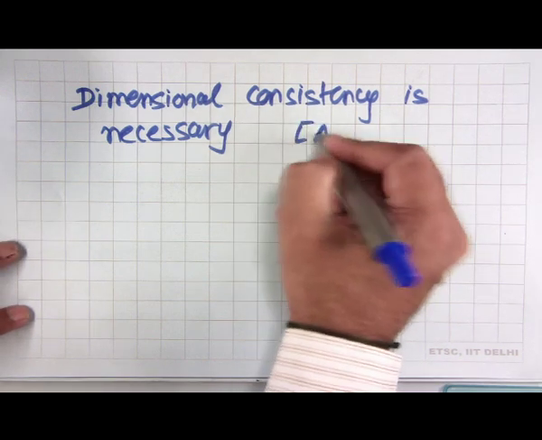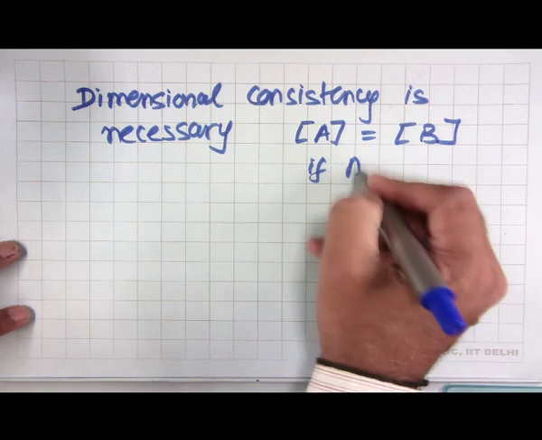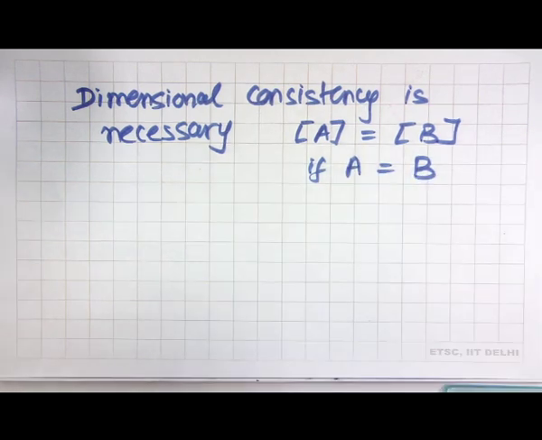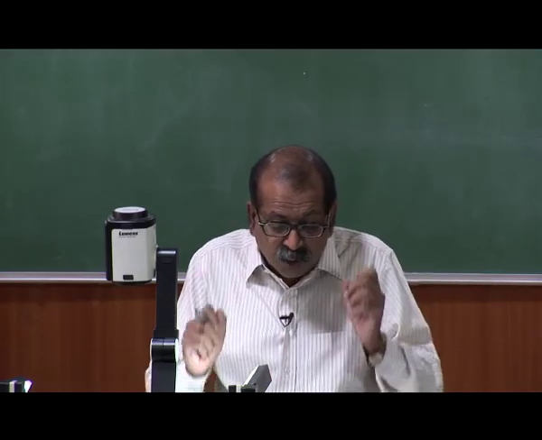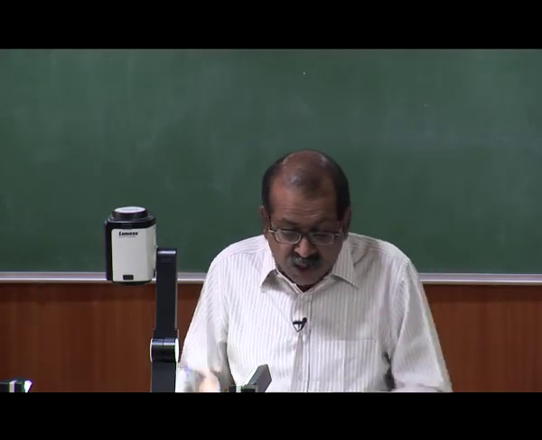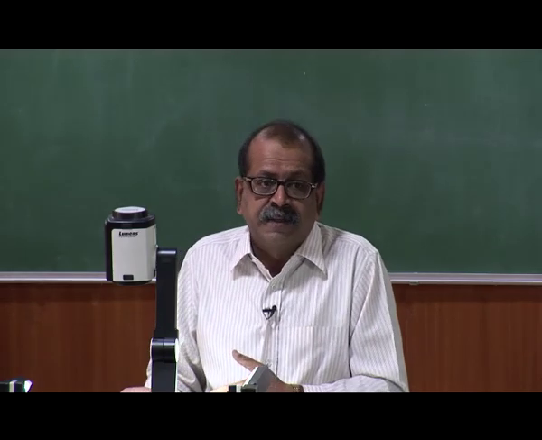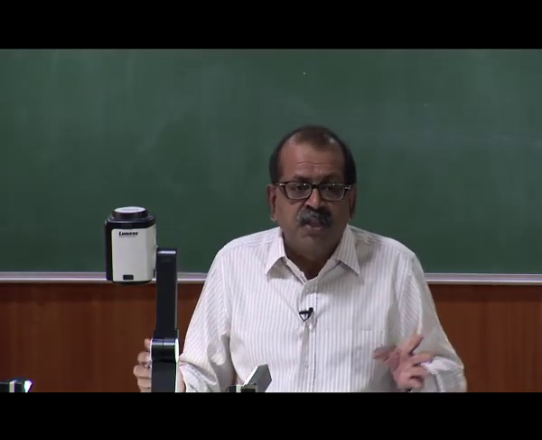Dimension of A is equal to dimension of B if A is equal to B. But just if dimensions of A and B are equal, it may not ensure that A is equal to B. It is just a way to check the first step. Dimensional consistency does not guarantee that the formula is correct. But if dimensional consistency is not there, the formula is wrong.